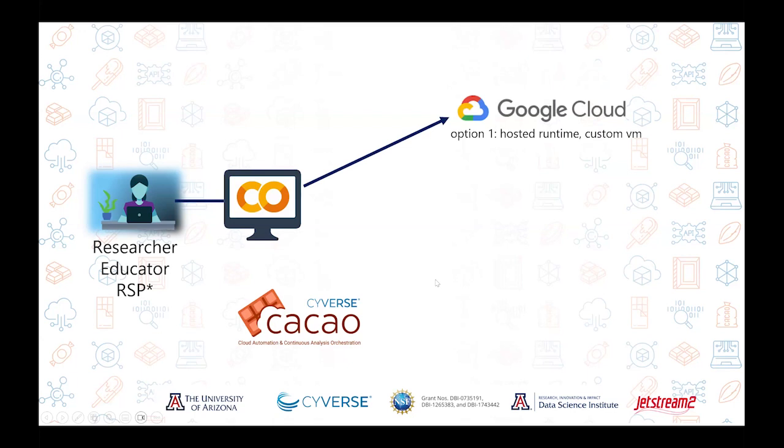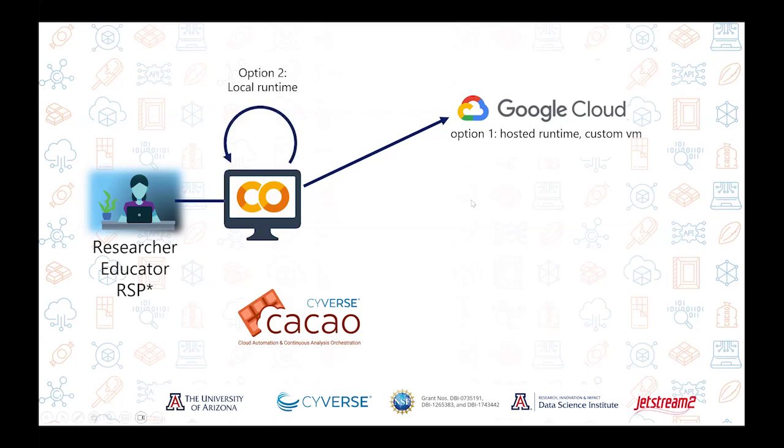So if you upload a Jupyter Notebook into Google Colab, one option is to use what's called a hosted runtime, or you can use a custom VM in Google Cloud. And once that's done, then you can start executing the code in that Jupyter Notebook.